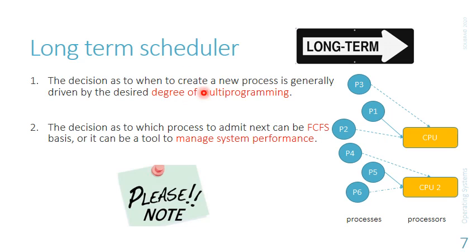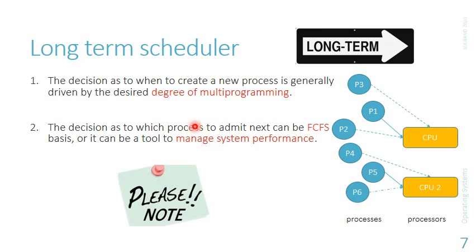And this is what we call the degree of multiprogramming. Alright, so the more processes I have, for sure I will have more things going in parallel. However, the time slice assigned to each process will be shorter. And this means that it will take more time for a process to execute. So it's always a trade-off here.